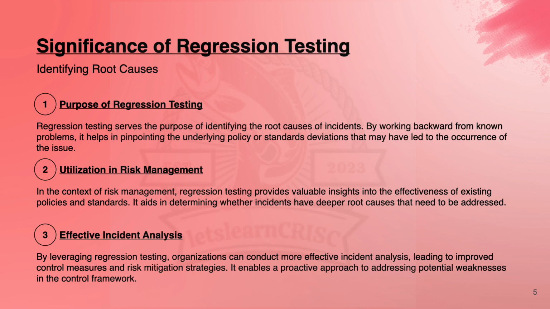Understood? For instance, if a software application crashes unexpectedly, regression testing would involve looking at the recent changes in the code to identify what caused the crash, right? So this information can then be used to prevent similar incidents in the future.